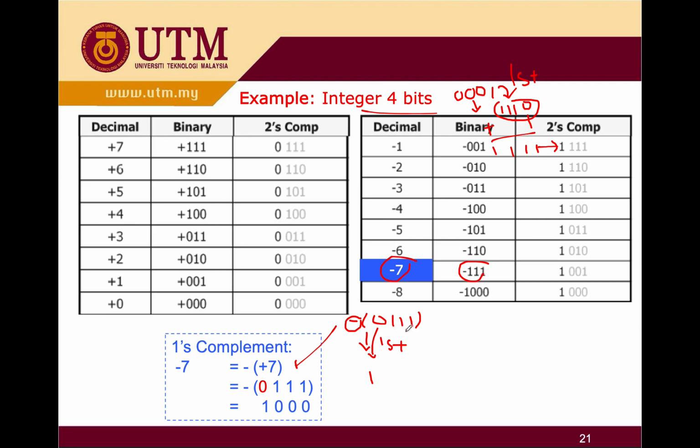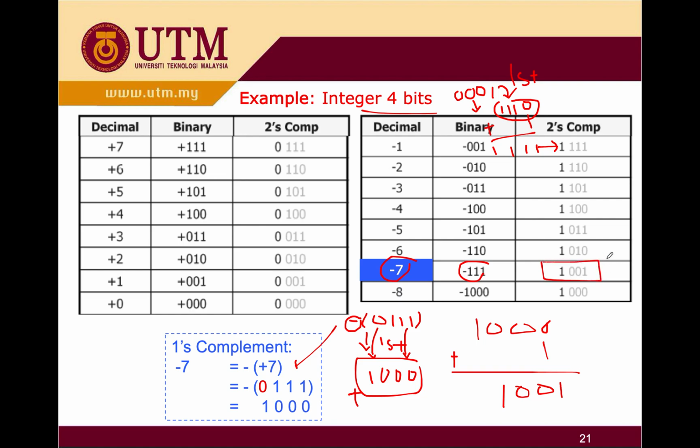If it is 1, you change it into 0. 1 0 0 0. This is the first complement. After that, you add this with 1. So you add, you get 1 0 0 1 for the second complement.